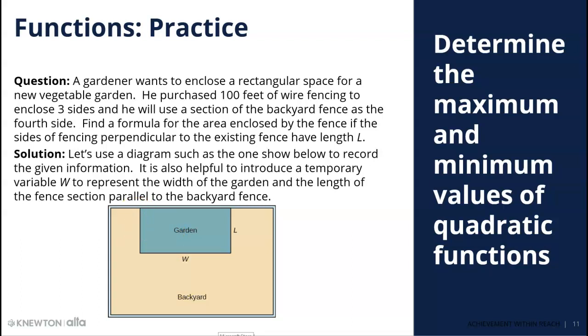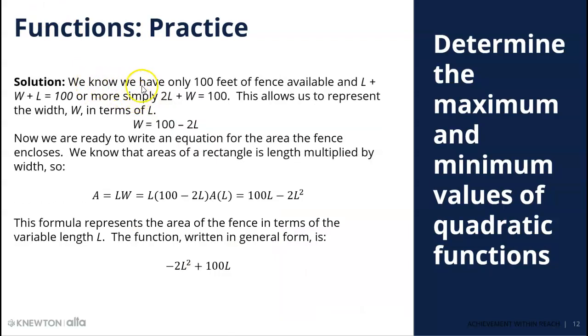So we will use that information to derive the formula for the area enclosed by the fence. Now we know that we only have 100 feet of fence available, and L plus W plus L is equal to 100.